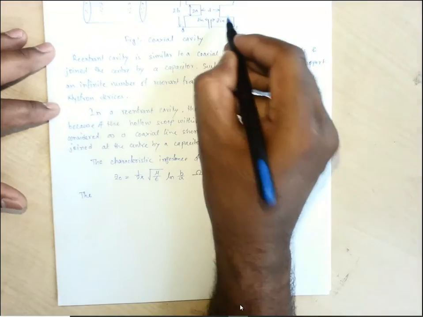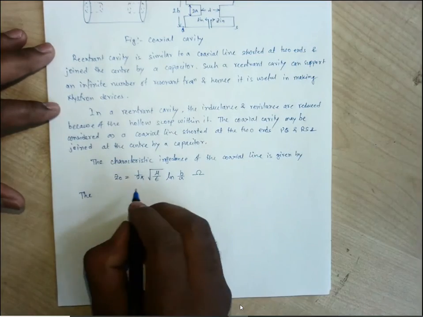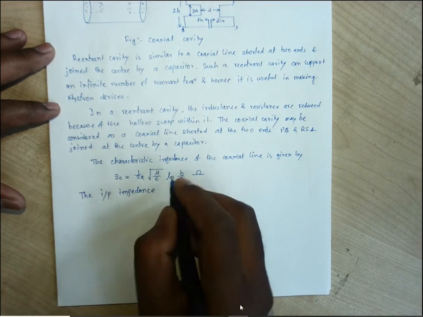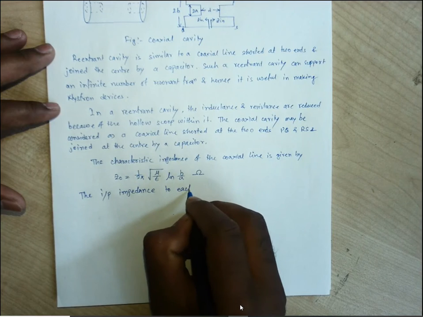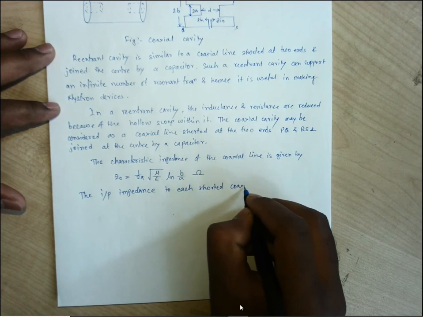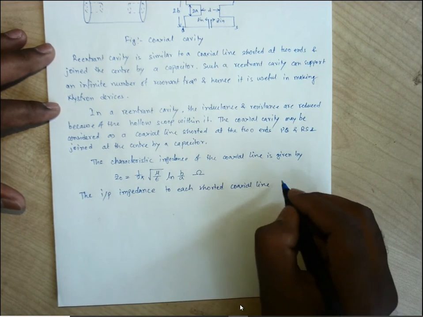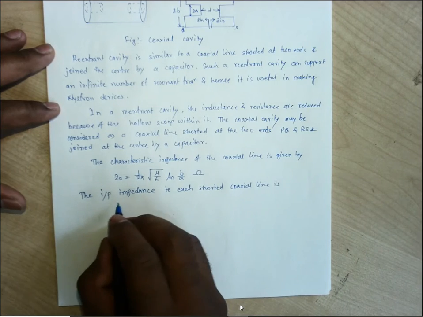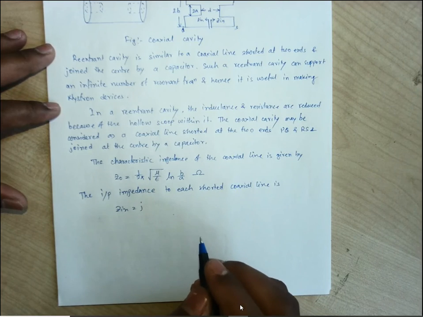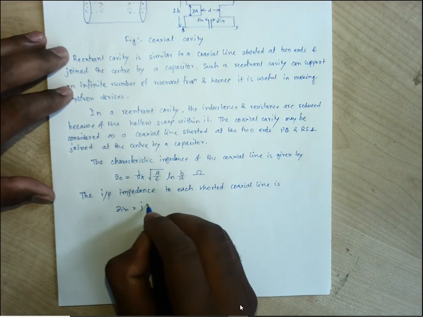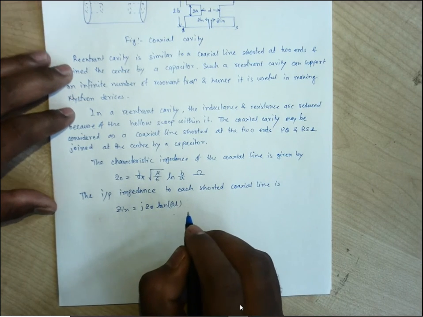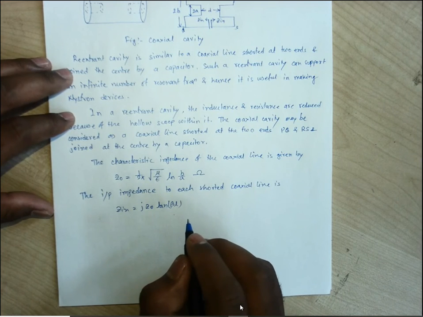The input impedance at each shorted coaxial line, from this side and from this side, the input impedance to each shorted coaxial line is given by Z in is equal to, it is shorted line, so we can have the short circuit termination, so it is jZ0 tan beta L by taking as perfect line, lossless line.